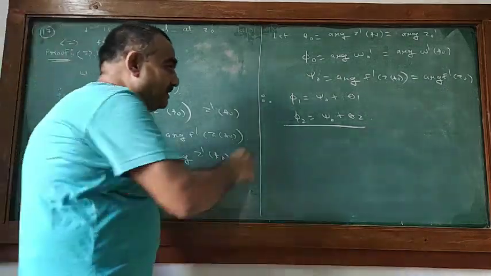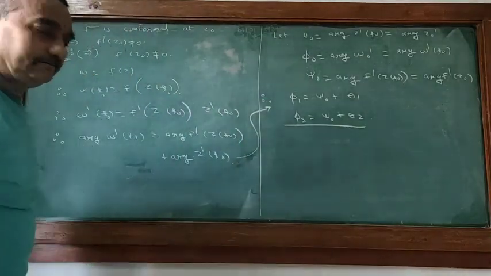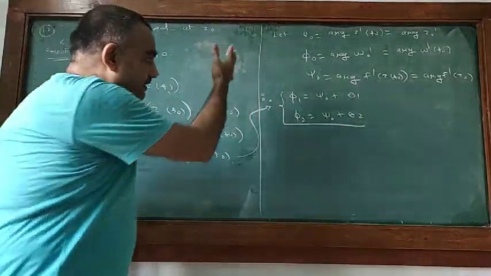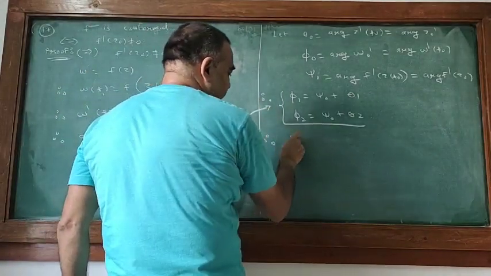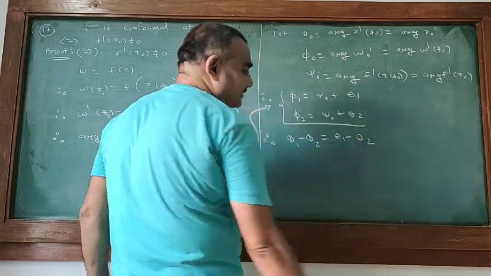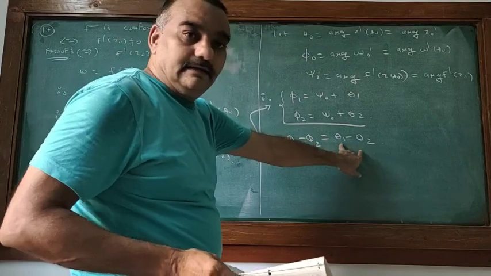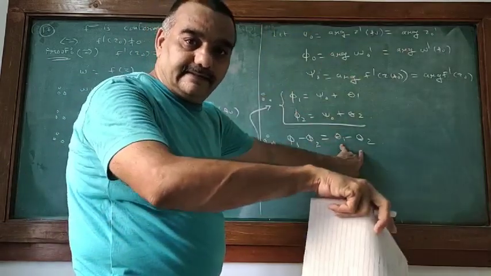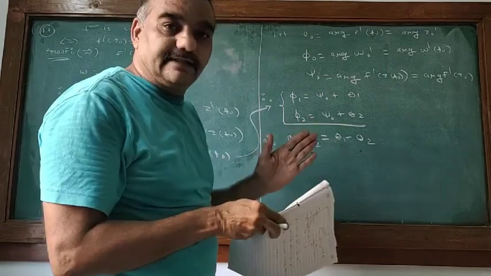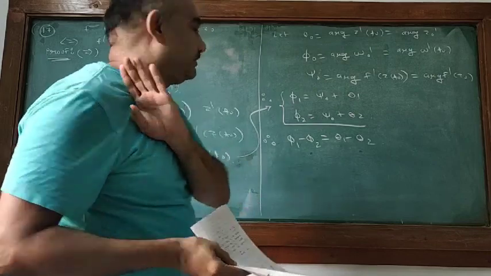If you take the difference, phi 1 minus phi 2 equals theta 1 minus theta 2. This is the difference of pre-angles, and this is post-angles. The difference is the same, which means the angle is preserved, so the function is conformal.